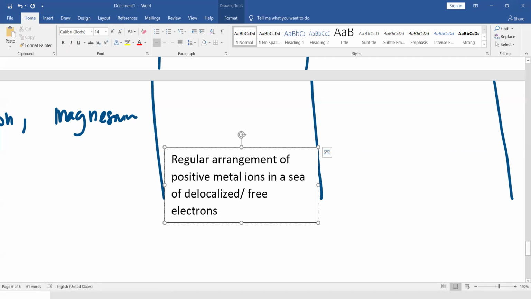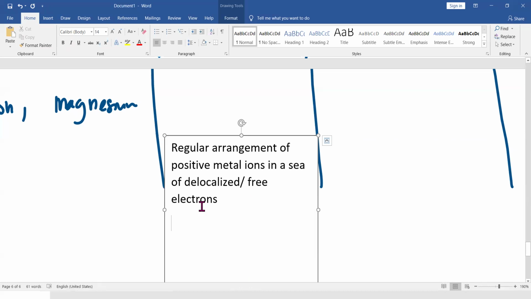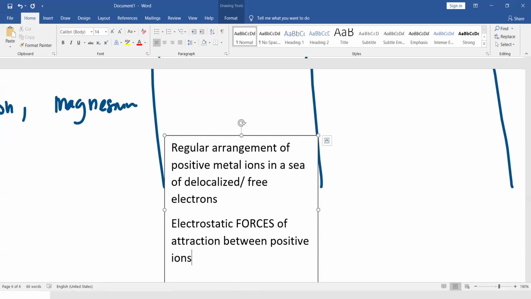And then there are electrostatic forces of attraction between positive ions and negative electrons. Don't say positive and negative ions. Positive and negative ions is ionic.